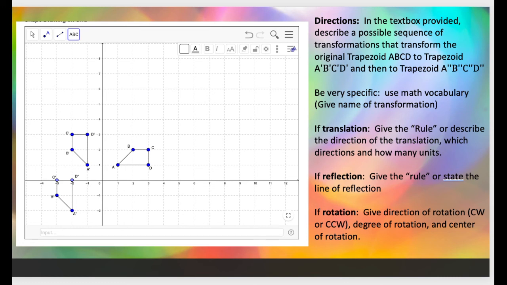If it's a translation, you give the direction and how many units. If it's a reflection, either give the rule or state the line of reflection. And if it's a rotation, you need to give the direction of the rotation, clockwise or counterclockwise, the degree, and the center of rotation.